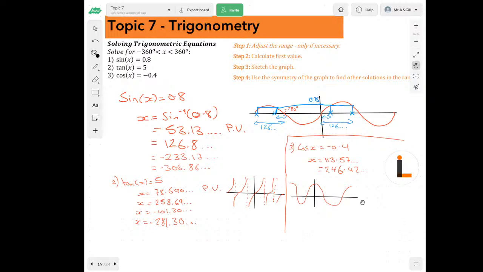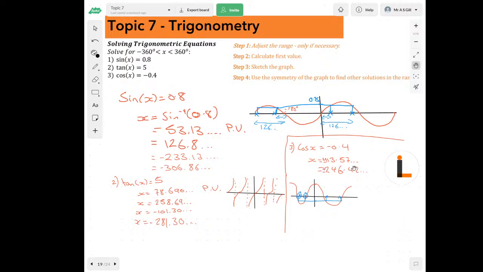So we had values here and here. And then, like I said, cos graph is symmetrical about the y-axis. So our negative values here and here are just going to be the negatives of these two values we've already worked out. So actually we can just say that these are going to be plus or minus for both of these two values here.